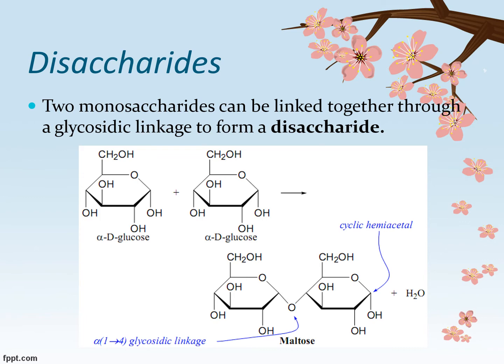Next are examples of disaccharides. Disaccharides are two monosaccharides joined by a covalent bond, or the glycosidic bond.